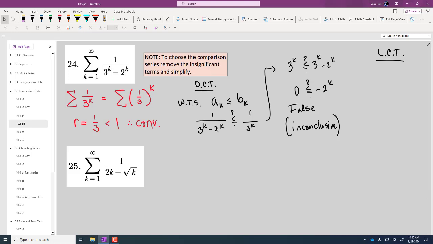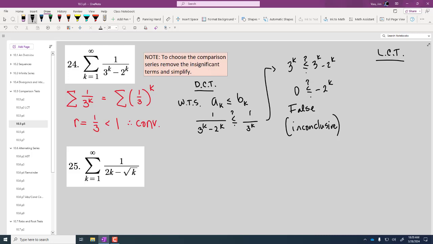Do we agree? We're subtracting something off. So this denominator is smaller than that denominator, which means these fractions are bigger than those fractions. And since this series converges, that's not going to help us. Bigger than converging is not going to help us. So that's what this concluded. Bigger than converging was inconclusive.